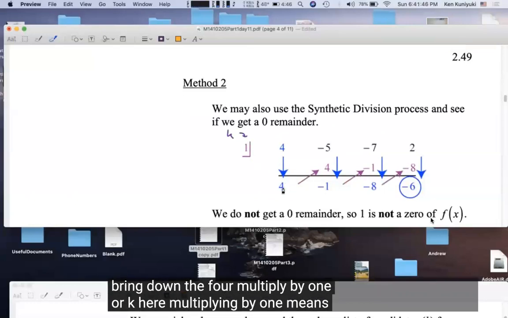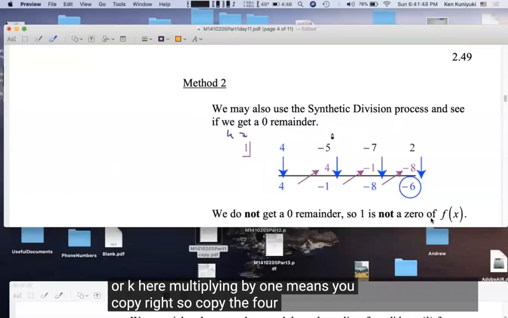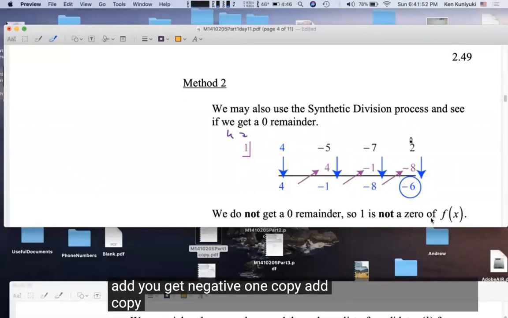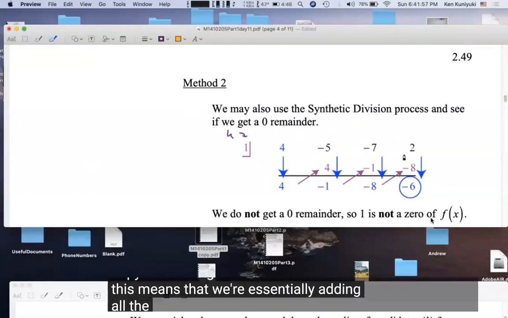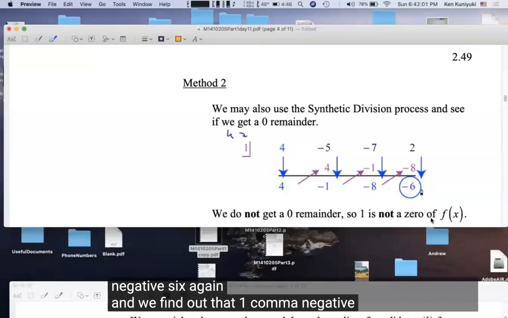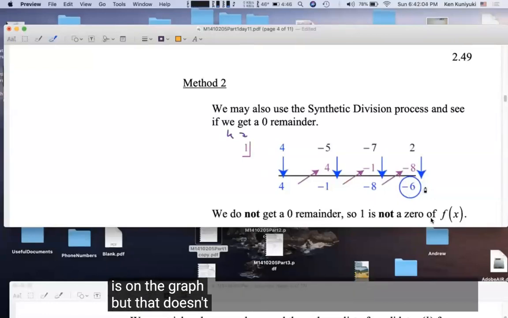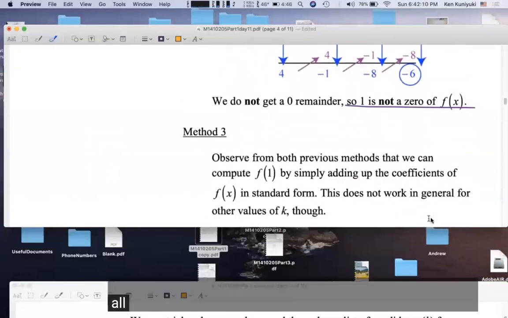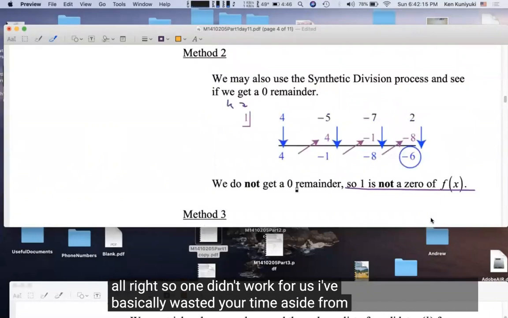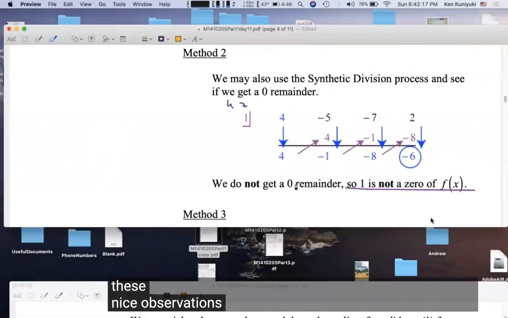Here, multiplying by 1 means you copy. So copy the 4. Add, you get negative 1. Copy, add, add. Again, this means that we're essentially adding all the coefficients. We end up with negative 6 again. And we find out that 1 comma negative 6 is on the graph, but that doesn't help us. 1 is not a 0. All right. So 1 didn't work for us. I've basically wasted your time, aside from these nice observations.